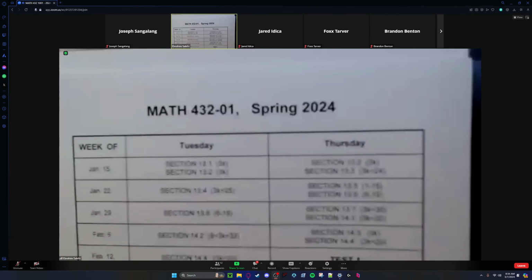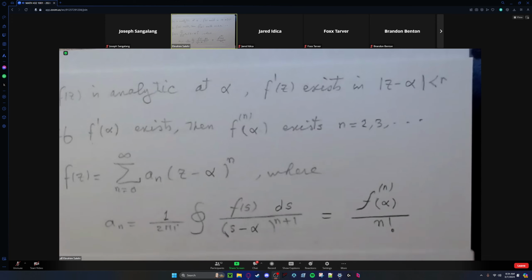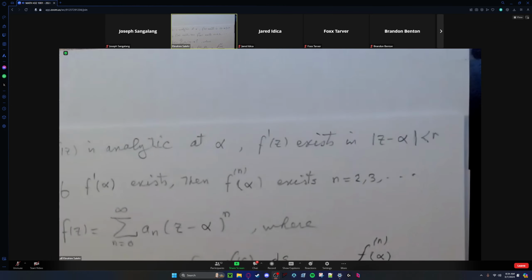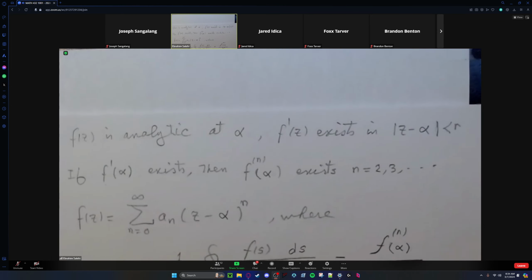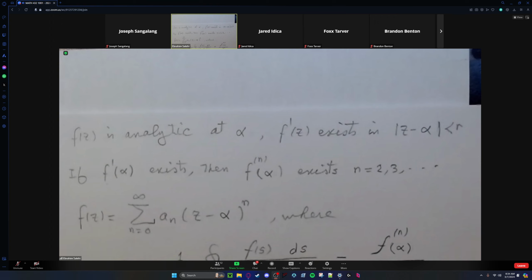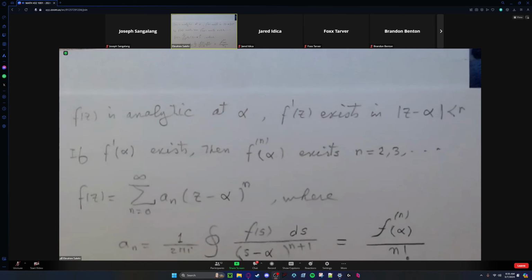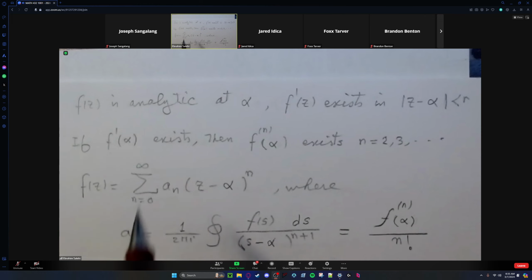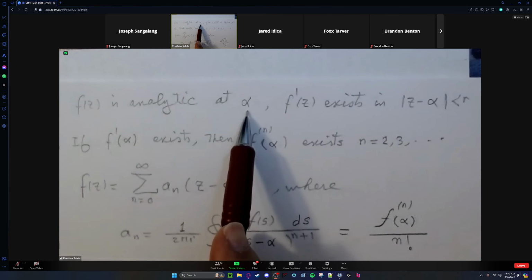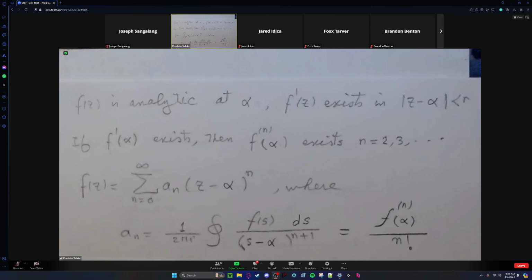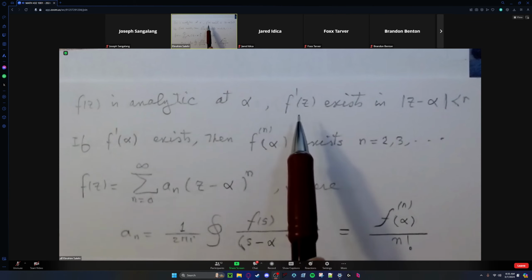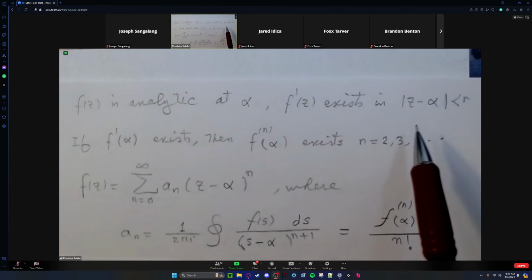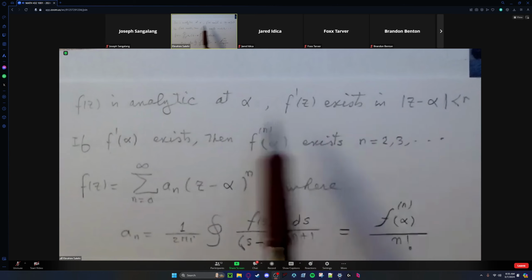Well, so here is a brief review of Taylor series. Okay. In Taylor series, the function is analytic at this point. So that means derivative exists in a disk centered at this point.